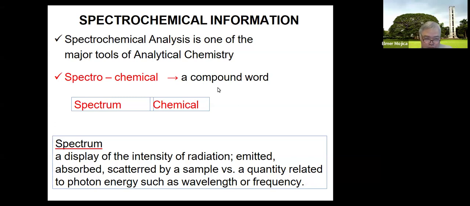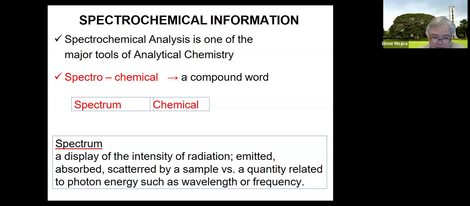So if we're going to look at the spectrochemical methods, we could say this is the most widely used of all analytical methods, one of the major tools of analytical chemistry. Most of the analysis around us, if it involves matter-light interaction, we could say is a spectrochemical analysis.